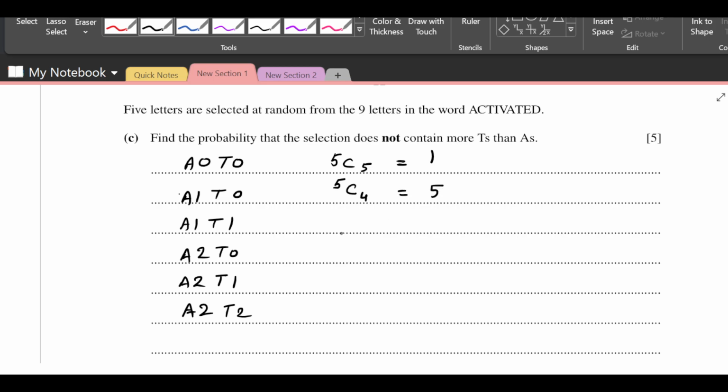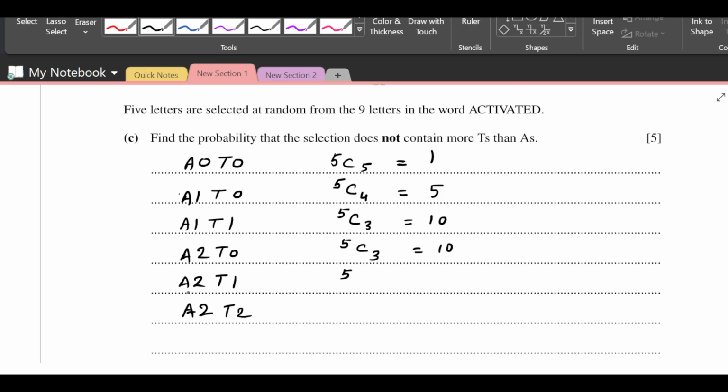So that is five. If I choose one A and one T, then from the remaining, I have to choose three, so that can be done in 10 ways. If I choose two A's and no T, then again from the remaining five, I have to choose three. So that can be done in 10 ways.